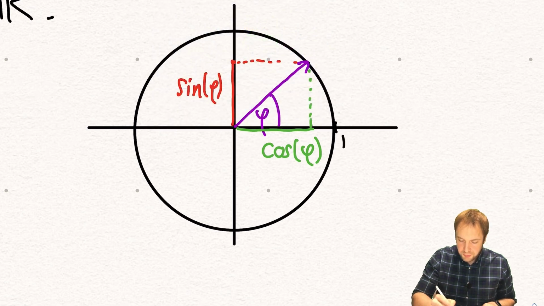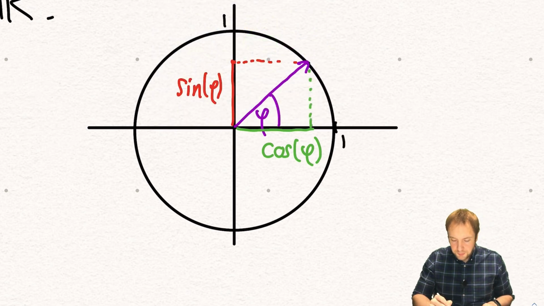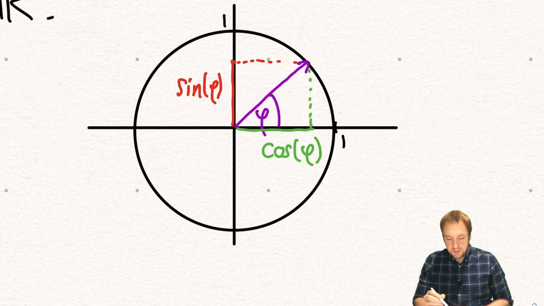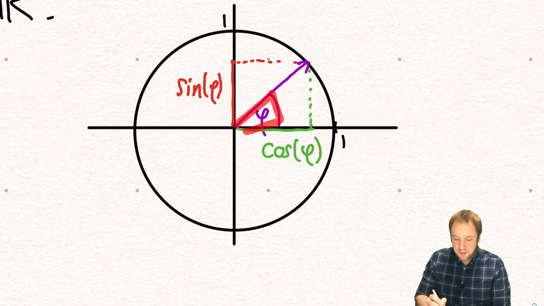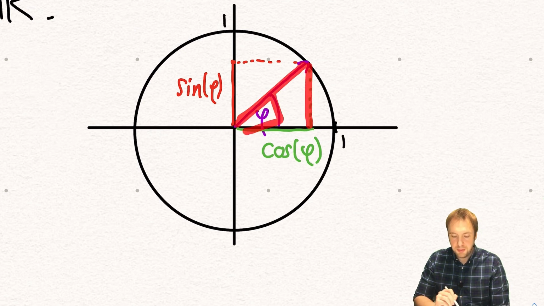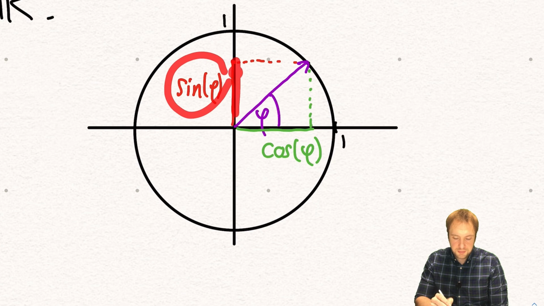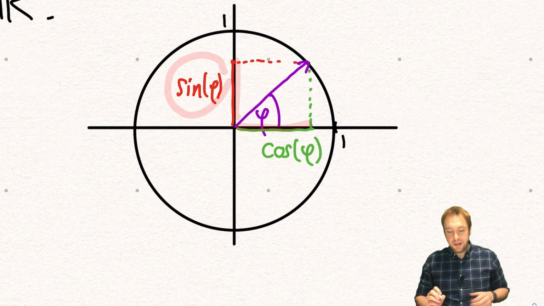If this is the unit circle here, so the length of this is 1. And you can see this because of this triangle here: the cosine of this angle is exactly this side divided by 1, and the sine of this angle is this side divided by 1. And therefore this length here is just sine of phi, and this length is cosine of phi.